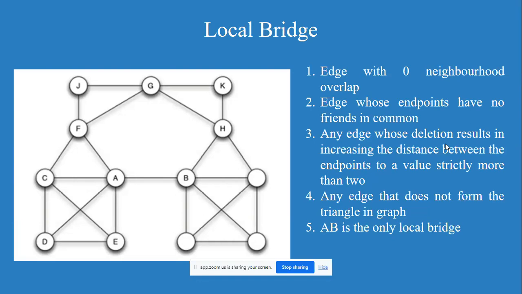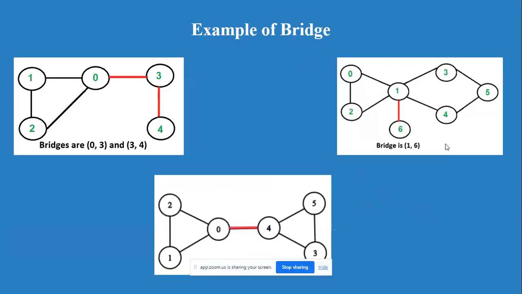In this figure, if we delete the edge AB, the two networks will become disconnected, and the distance between the nodes will increase strictly to more than 2. So AB is the only local bridge in this network.